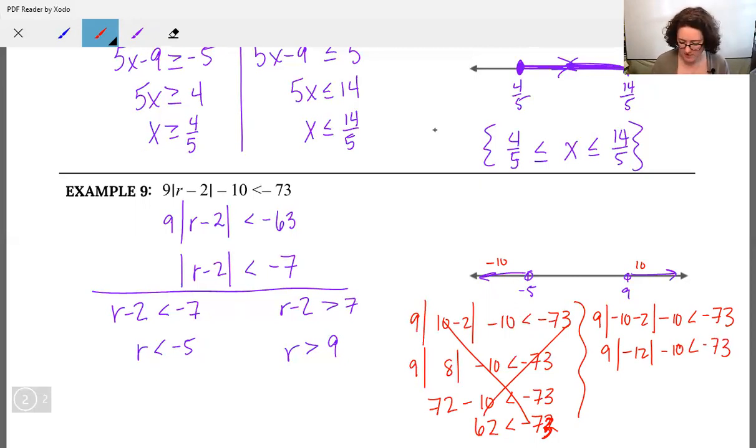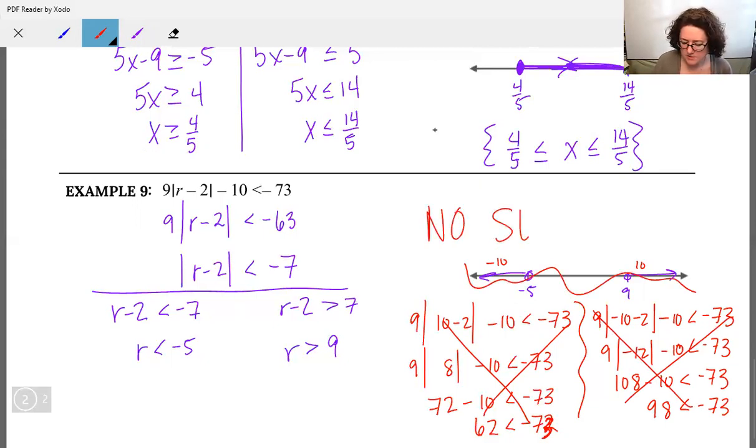I need to have room for other stuff. So absolute value of -12 is just 12. And 9 times 12 gives me 108. Less than -73. Wait a second, I'm running into the same problem. 98 is not less than -73. It doesn't work. So this whole solution is invalid. So this has no solution.